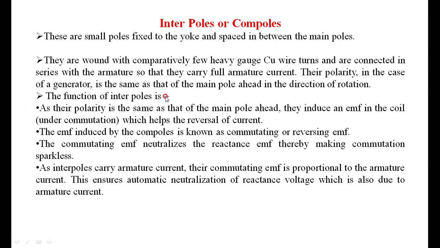The polarity of the interpole is the same as that of the main pole in the case of a generator. It is the reverse in the case of a motor, so that their object is to produce flux or voltage opposite to the reactance voltage. This is how we make the commutation ideal.